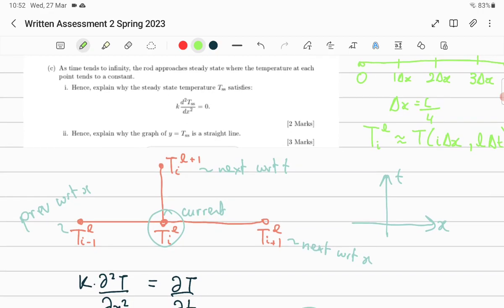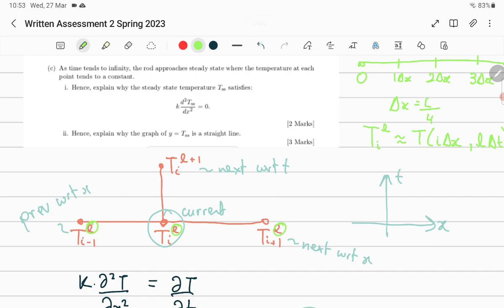So you have the rod down the bottom with the temperature, the point we're looking at, a point in distance, that's the i, and a point in time, that's the l. And what we want to do is look at the same time 3 points on the rod.